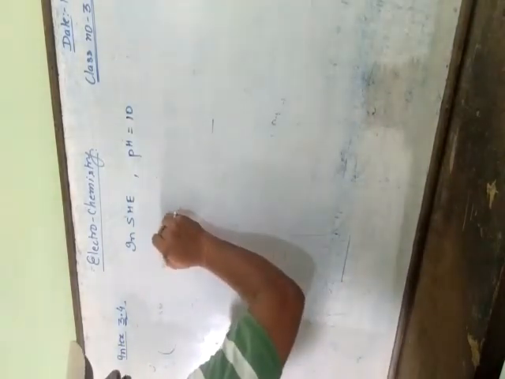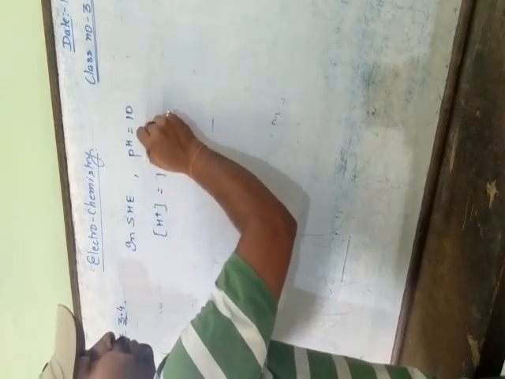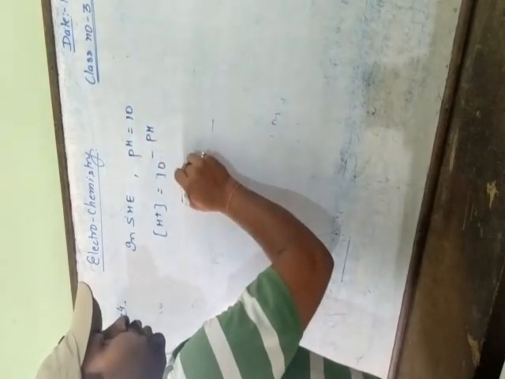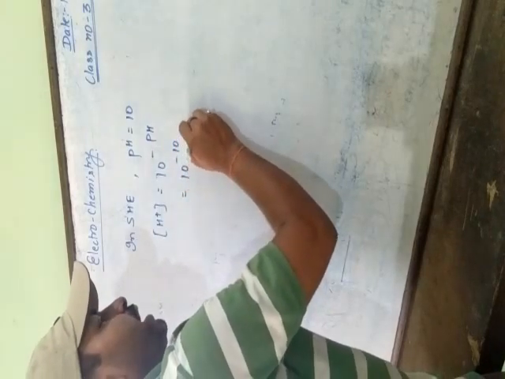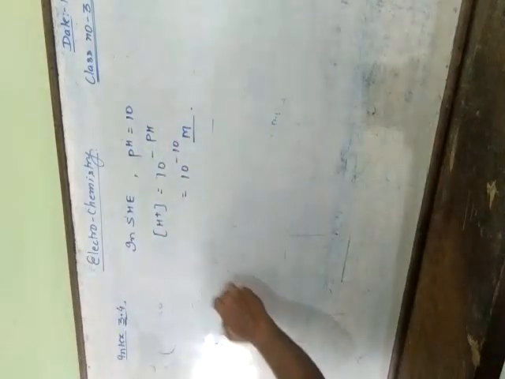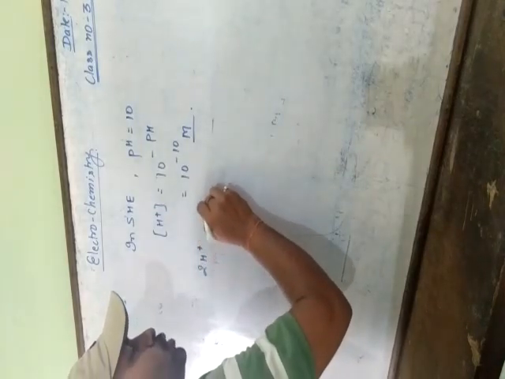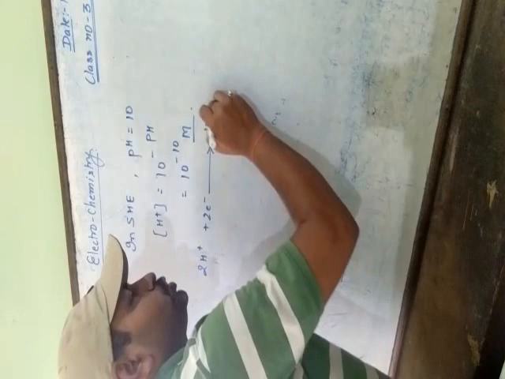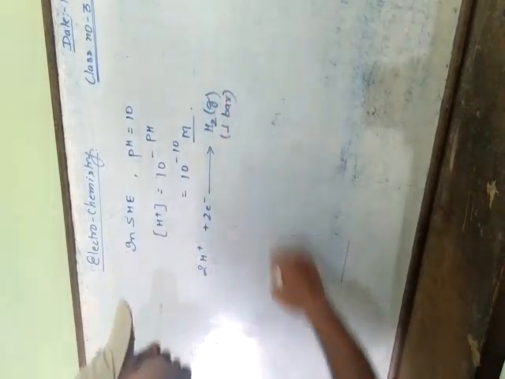Now students, we know that the H+ concentration is 10 to the power minus pH. So 10 to the power minus 10 M is the concentration of H+. We know that 2H+ plus 2 electrons gives H2 gas at 1 bar.